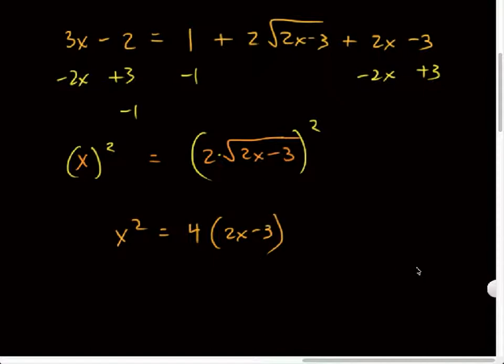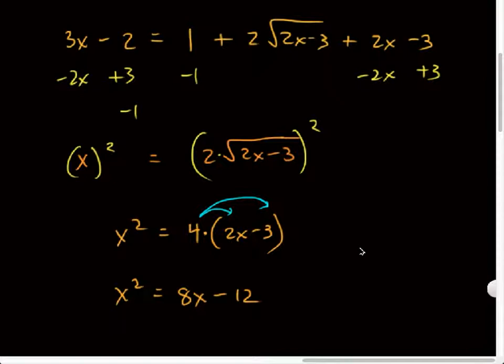And notice I was super cautious to put parentheses around that because these were being multiplied here and they're going to be multiplied here. I'm going to have to actually distribute this here. I mean this square root was a grouping symbol, so realize it still is a group after it was squared. So just be aware of that there. X squared equals 8x minus 12.